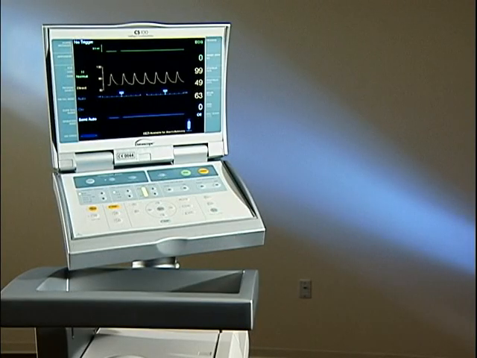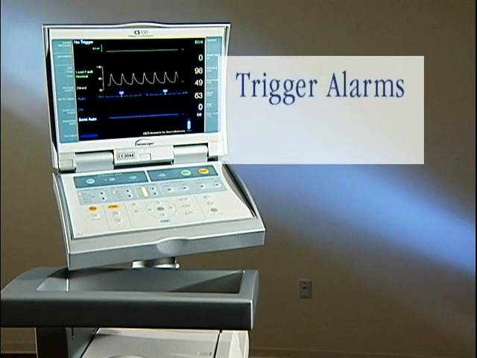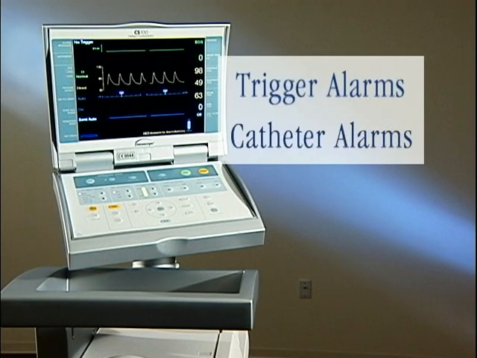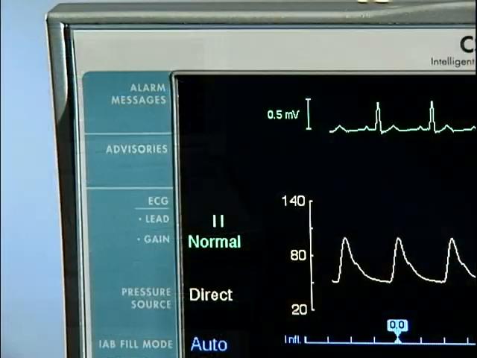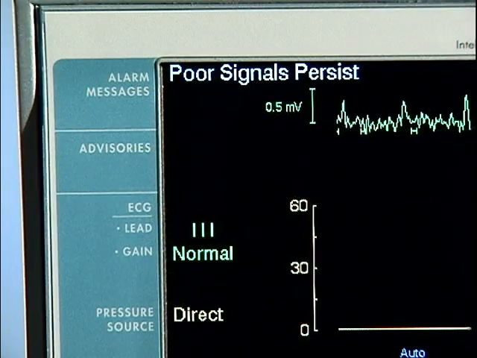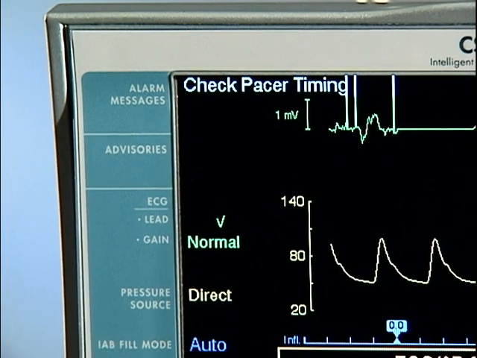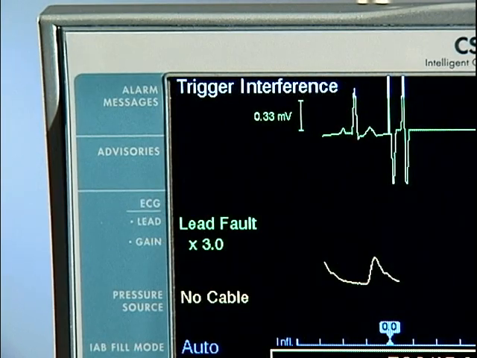There are two general categories of alarms in the CS100: trigger alarms, which relate to the electronic system of the pump, and catheter alarms, which relate to the pneumatic system of the pump. There are 5 types of trigger alarms: no trigger, poor signals persist, no pressure trigger, check pacer timing, and trigger interference.